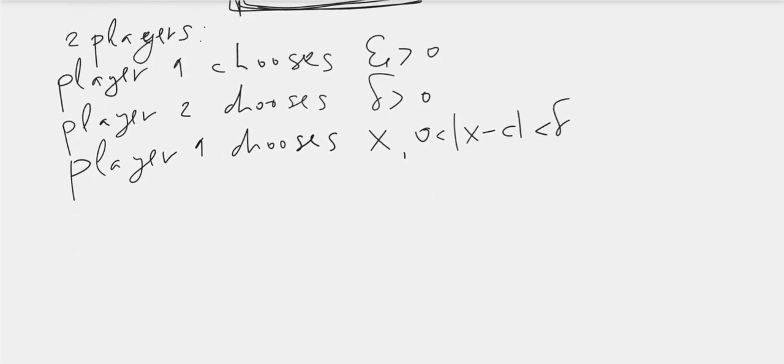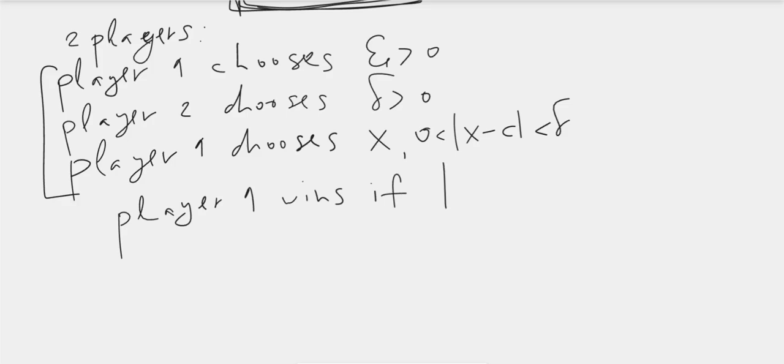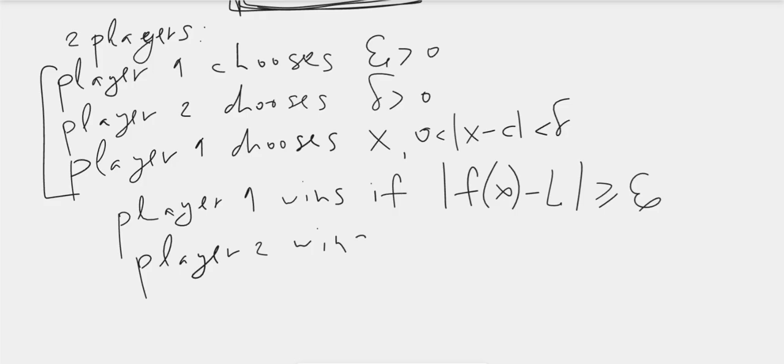So let's write this. These are only 3 turns, and then when this all happens, player 1 wins if the absolute value of f(x) minus L is greater or equal than epsilon, and player 2 wins if f(x) minus L is less than epsilon.